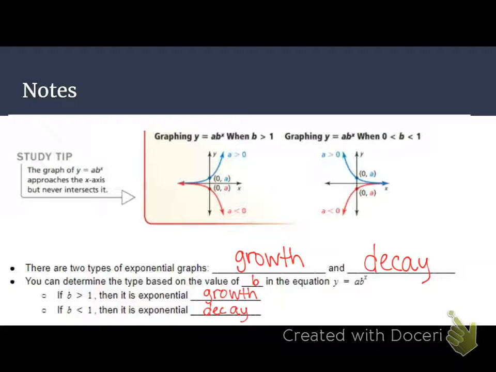Lots of different possible applications for growth and decay. Questions, concerns about this slide? Ready to move on? Okay.